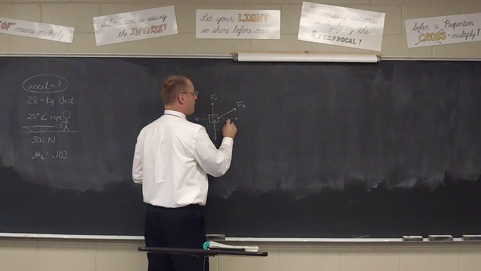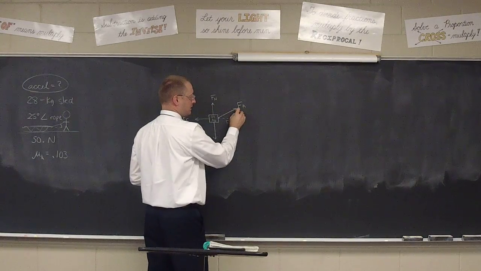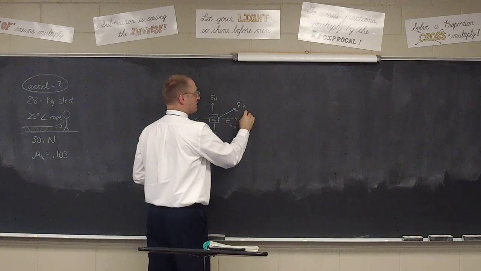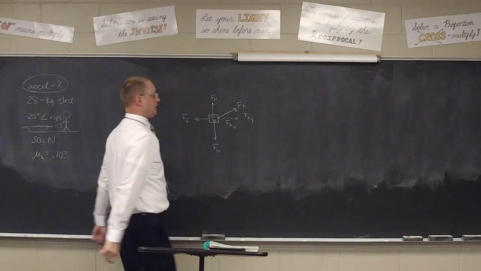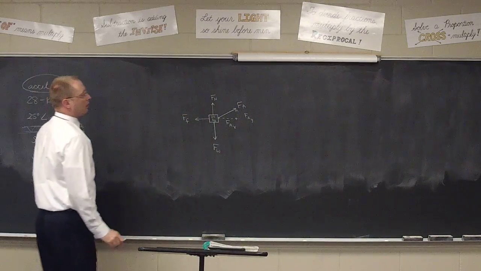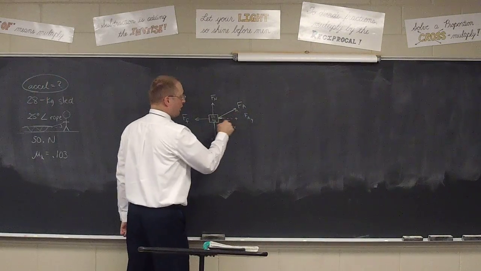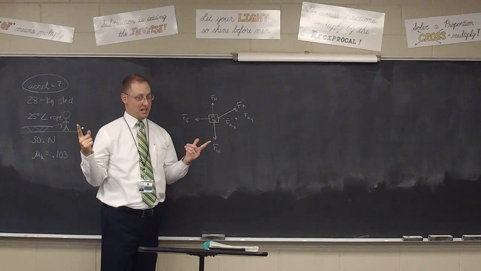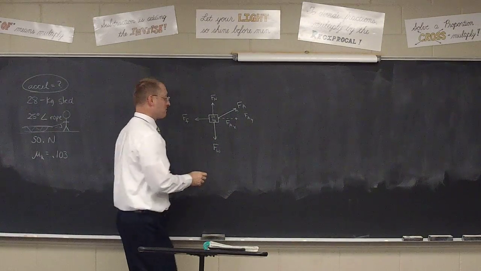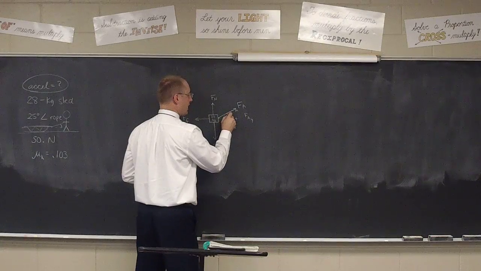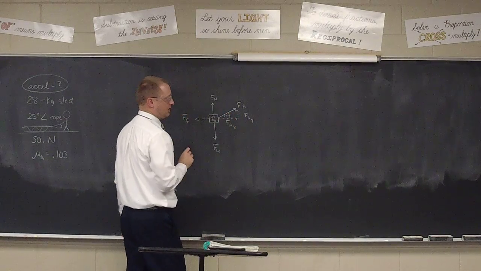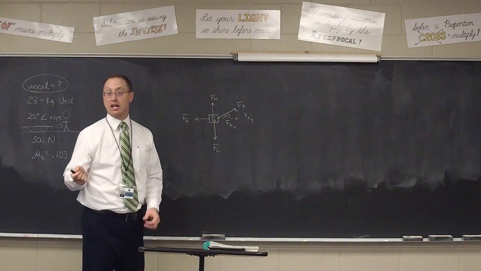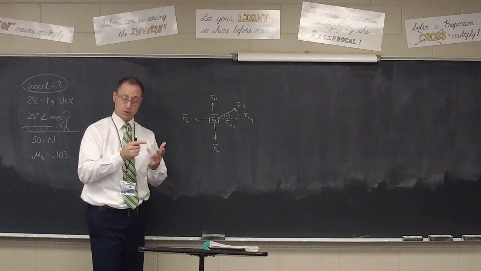So we have some applied force in the x, and we have some applied force in the y. By drawing these two components, class, I've made a nice little right triangle, with a 25-degree angle right here. And where I have right triangles, I can use trig ratios, sine, cosine, and tangent.